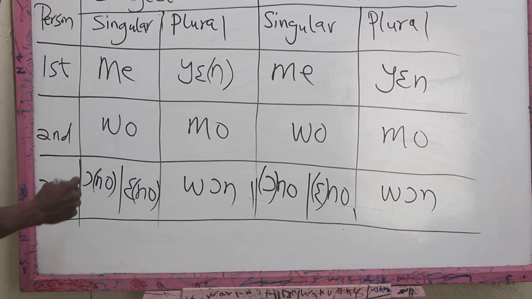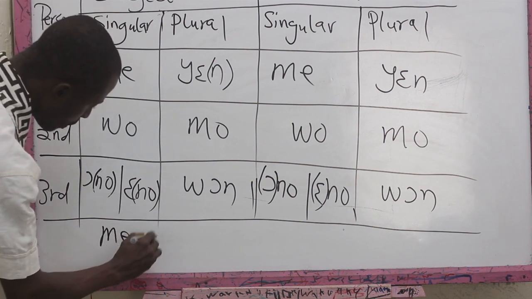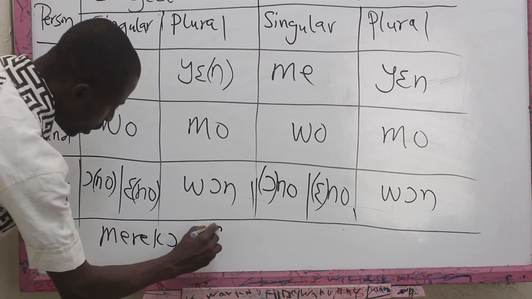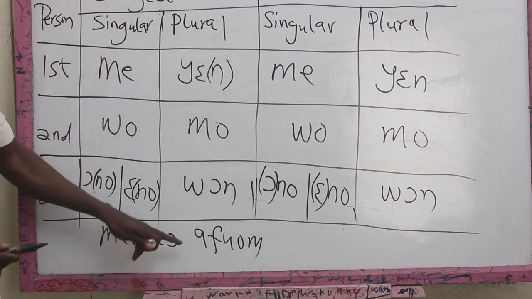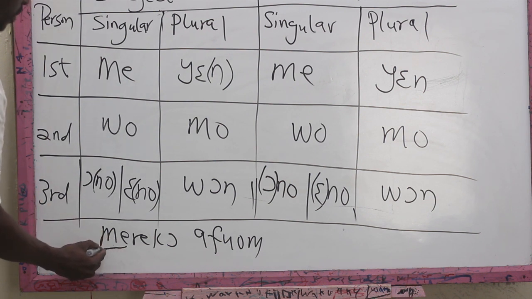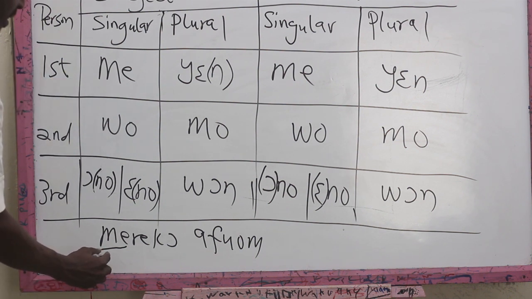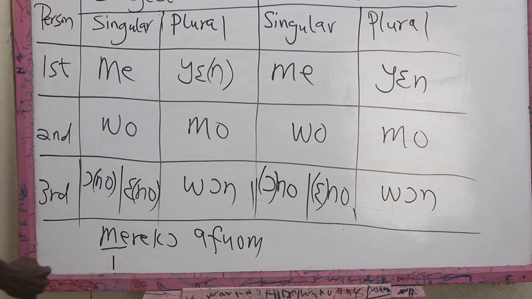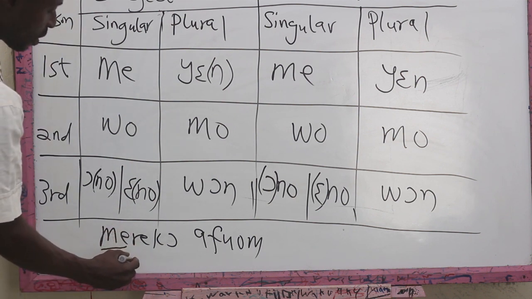So with the first person, meko efuom. This me is the subject, as in I. Reko is the progressive, the verb.